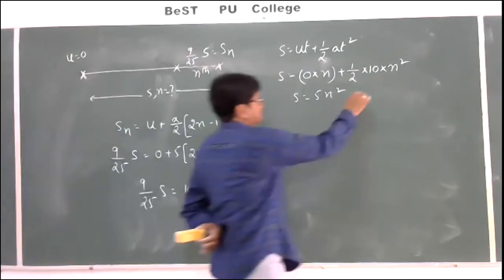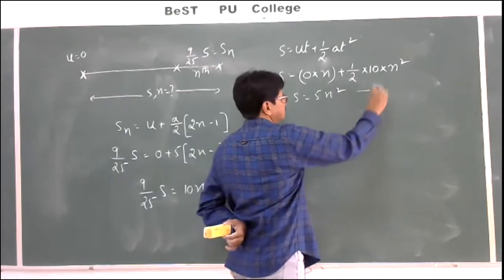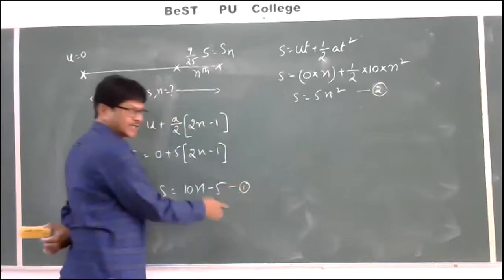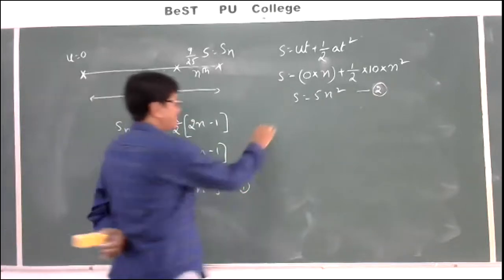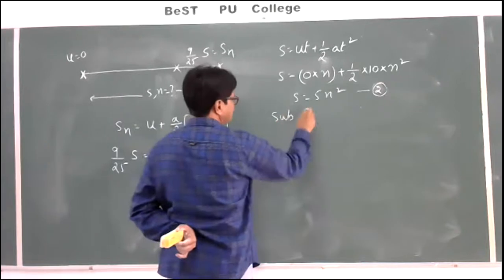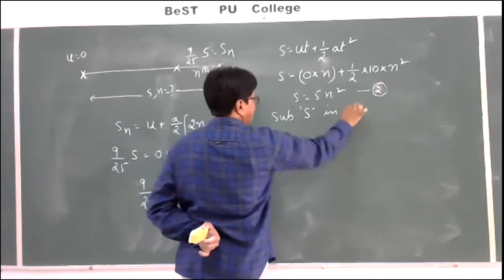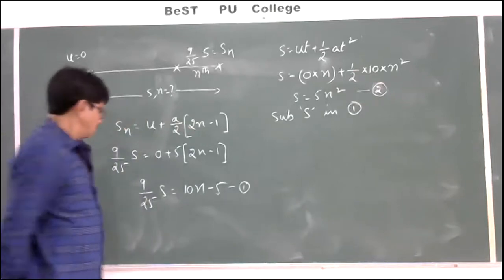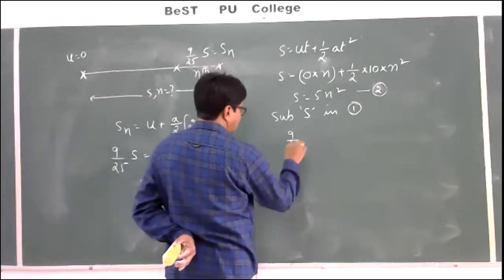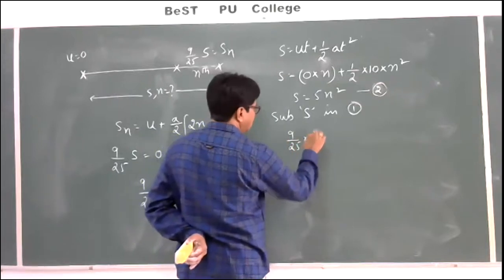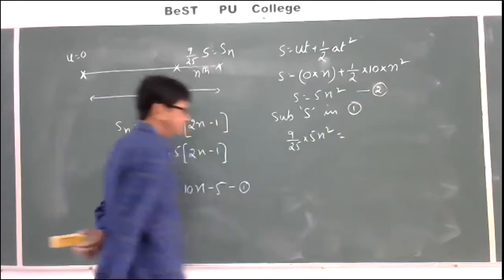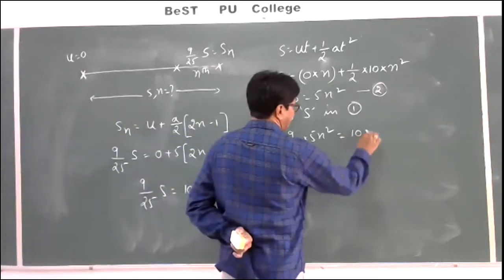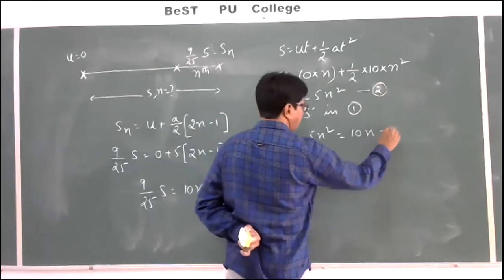Now you substitute the value of S in equation 1. 9/25 into 5n square is equal to 10n minus 5.